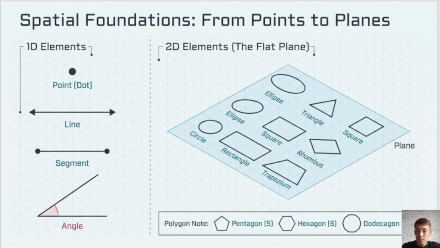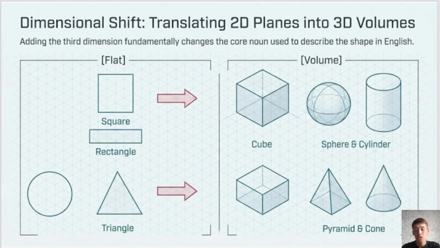The next slide, we can see the dimensional shift, translating 2D planes into 3D volumes. Adding the third dimension fundamentally changes the core noun used to describe the shape in English. In the first half of the slide, we can see flat shapes, for example square, rectangle, circle, and triangle.